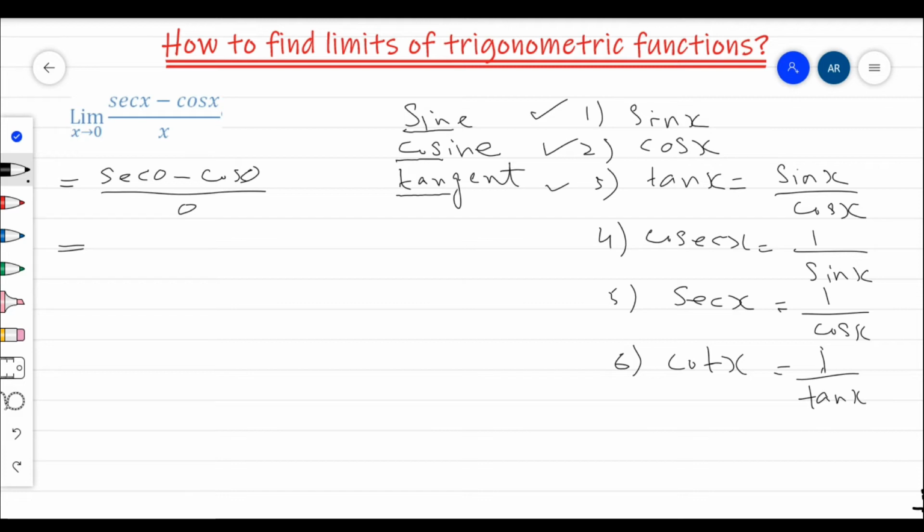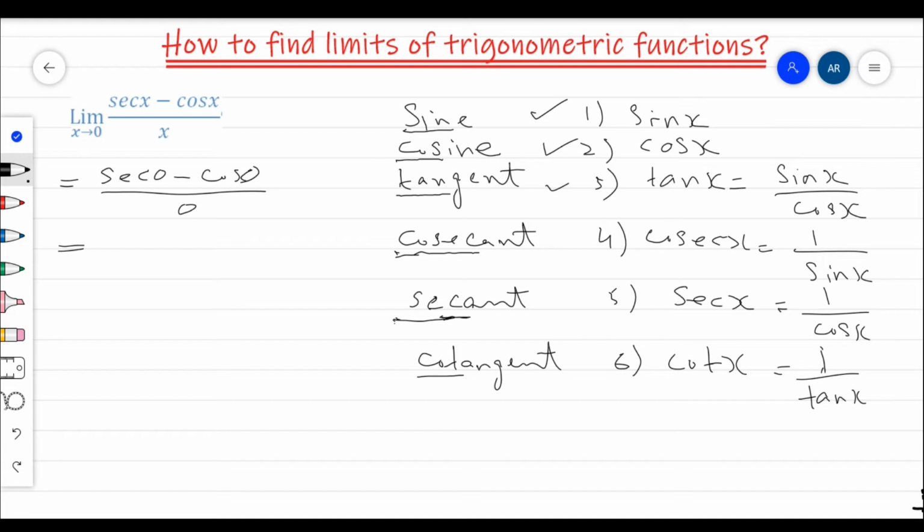Now the fourth function is cosecant, but we write its short form as COSEC. Fifth function is secant, but we use its short form in writing, SEC. Now the last function is cotangent, but in writing we use its short form COT.